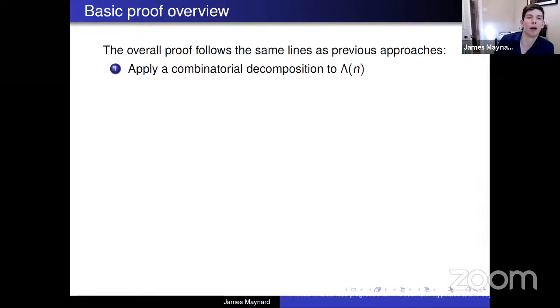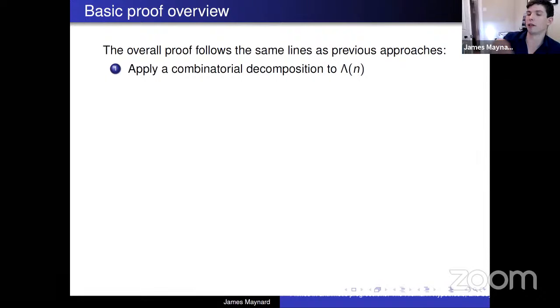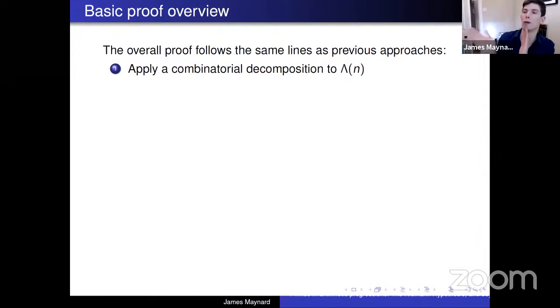So on a very high level overview, it follows lots of classical approaches to studying primes. We typically start off with some sort of combinatorial decomposition of primes using ideas coming from sieve methods, where you're trying to understand prime numbers by understanding numbers with maybe 2 prime factors of given sizes, and depending on the sizes of the prime factors, you then use rather different arguments in different ranges.